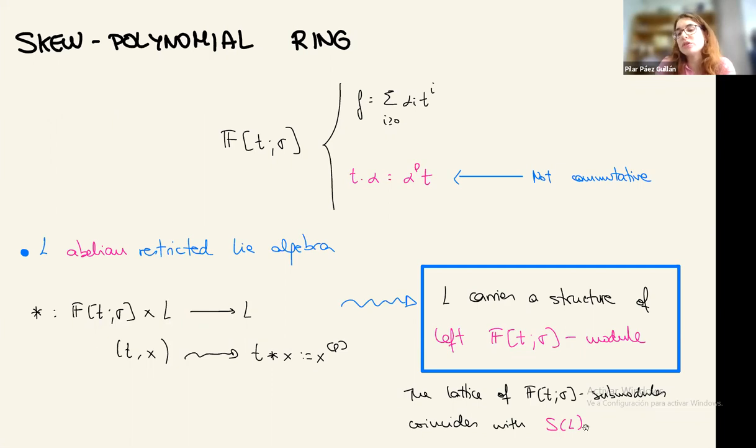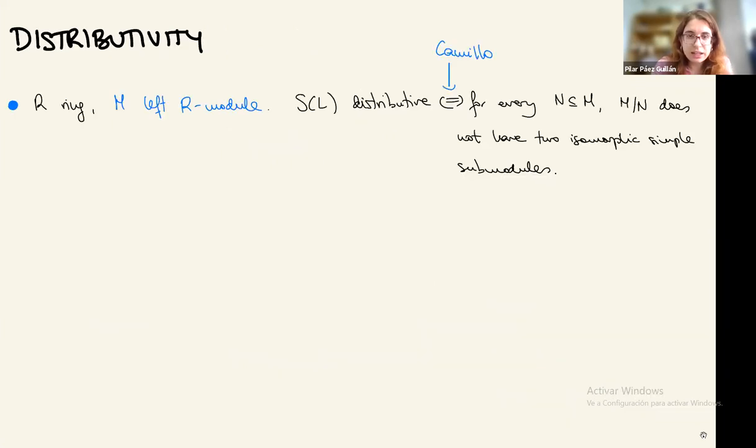So we are going to be able to study our object of study, this lattice of restricted subalgebras, by going to the lattice of submodules. But the problem of this setting is that we need an abelian restricted Lie algebra. For non-abelian restricted Lie algebras, this doesn't hold.